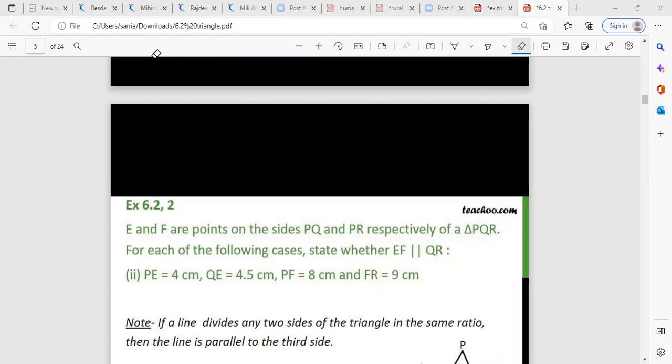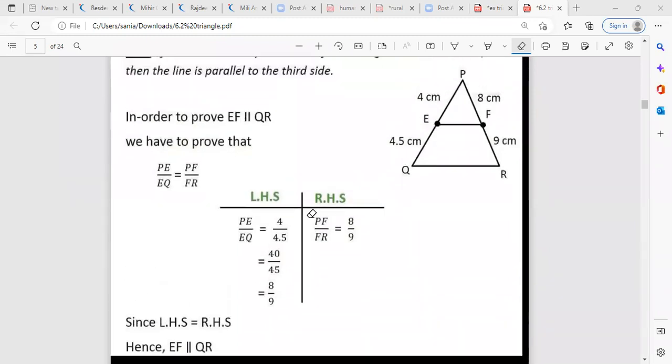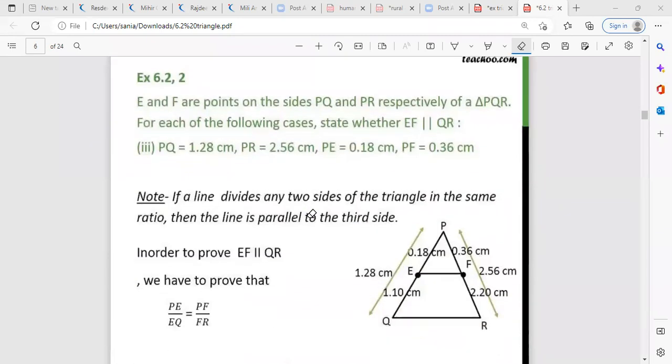You got that they are parallel? Okay. Now, third one.